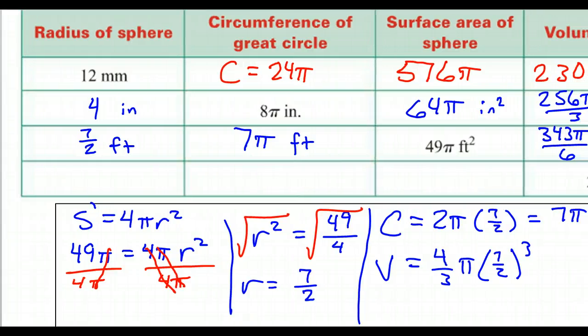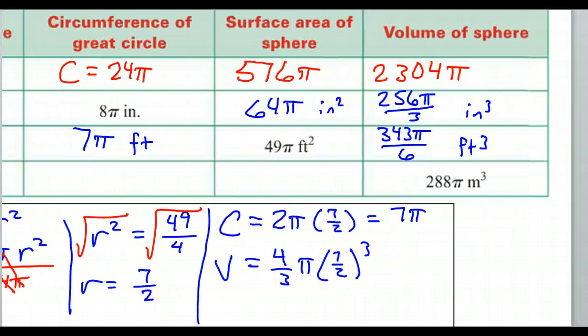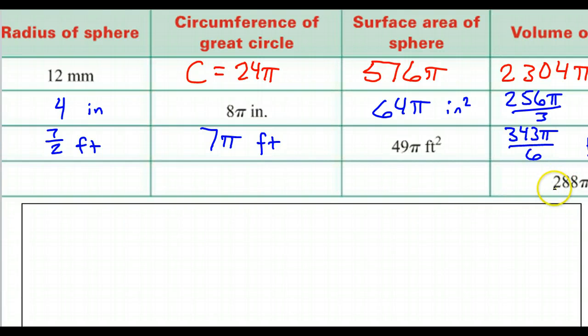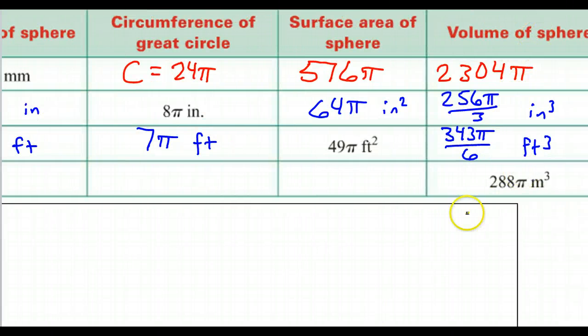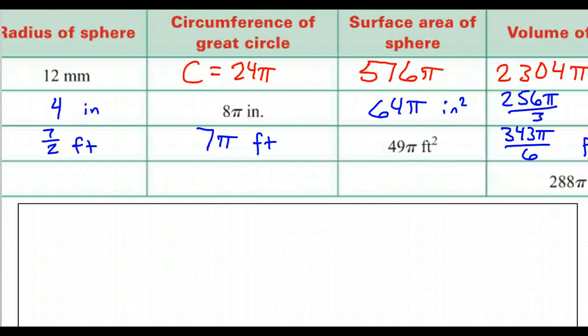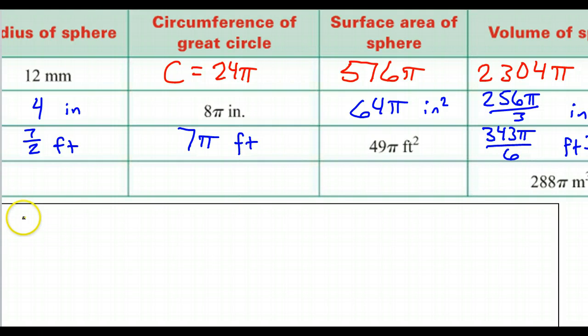Alright, last one. This time we're given the volume. Alright, this is the last one on the table anyway. 288 pi. We are given the volume. So we have to start with volume. Okay, so we know that volume is 4/3 pi times the radius cubed.